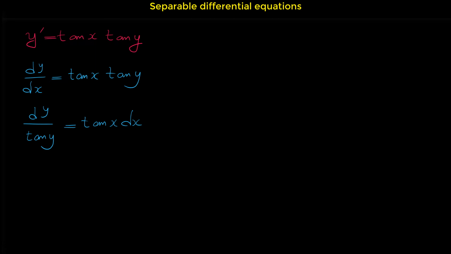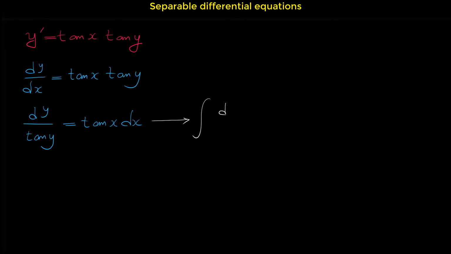Now our differential equation is in the form of a separable differential equation. The expression of y is with dy and the expression with x is with dx. For solving this differential equation, as usual, we have to integrate from the two sides of the equation.